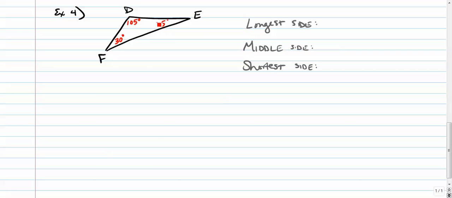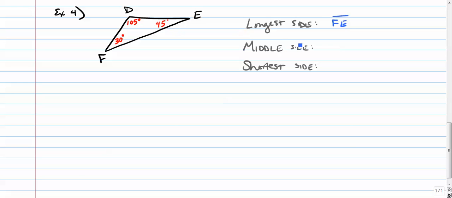Across from the biggest angle, 105, the biggest side is going to be segment FE. The biggest angle and the biggest side correspond.